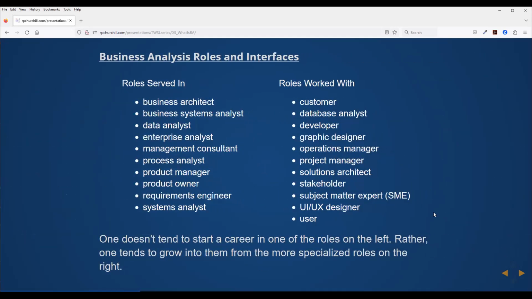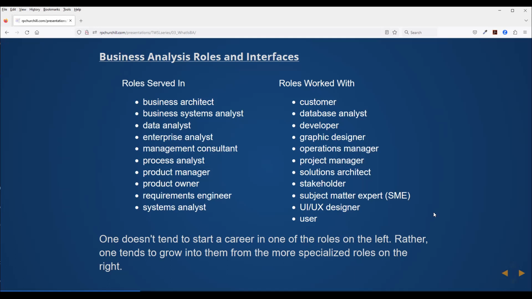So, business analysis roles. This one is fascinating to me because when I wrote these out, I realized that for the most part, nobody goes to college or gets any other training to start their career as a business analyst. Maybe somebody with an MBA will do that, or somebody who gets a generalized business degree.